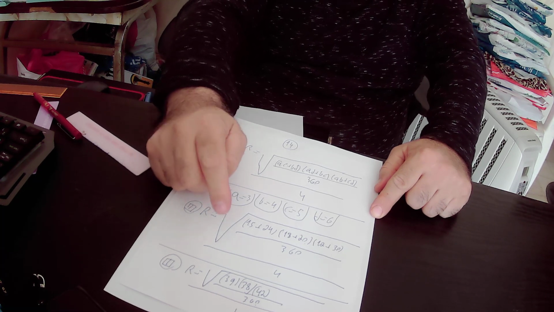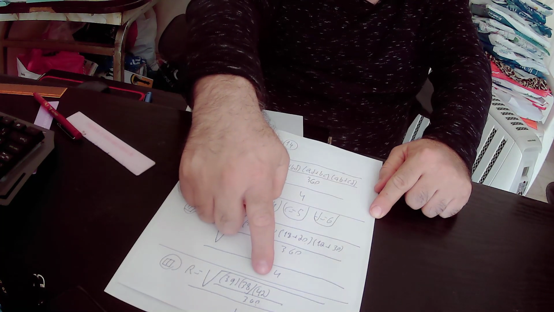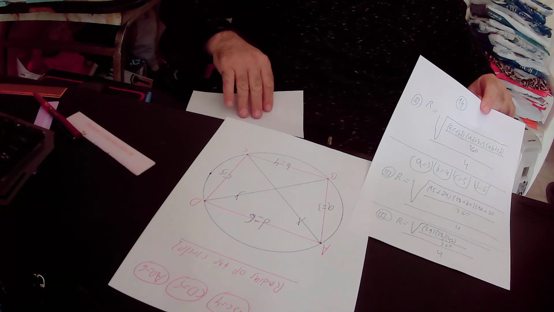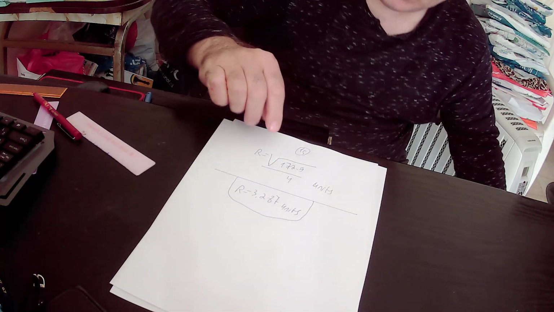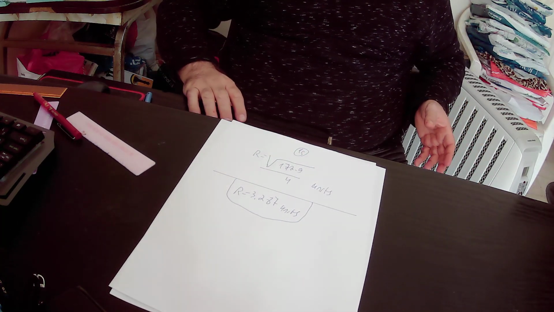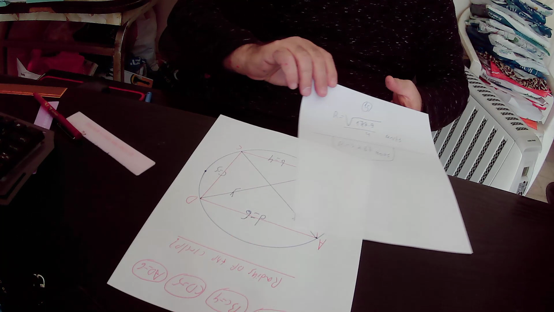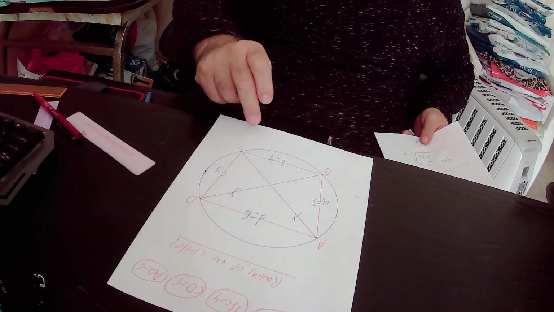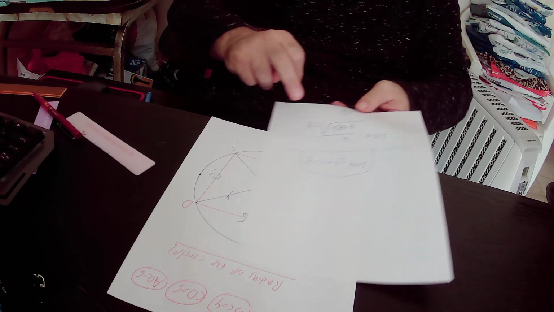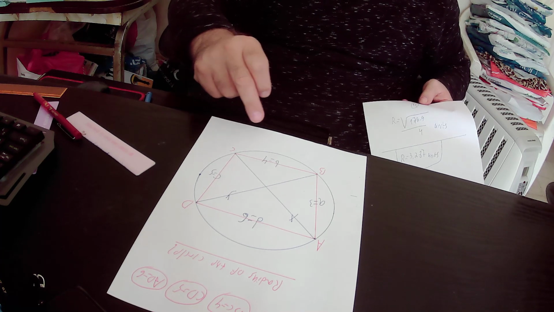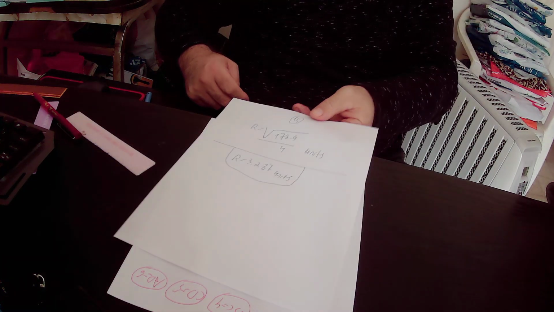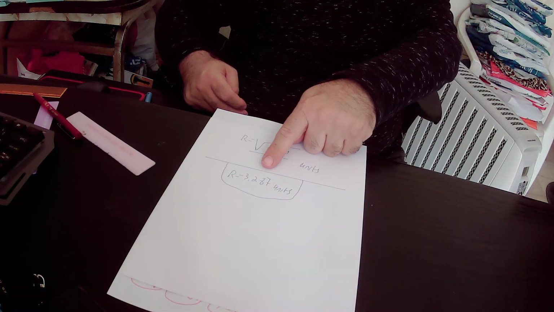And actually 39 times 38 times 42 over 360 equals the root of 172.9 over 4 units. So we found that the radius of this circle equals the root of 172.9 over 4 units, or in terms of numbers, the radius of this circle that circumscribes quadrilateral ABCD equals 3.287 units.